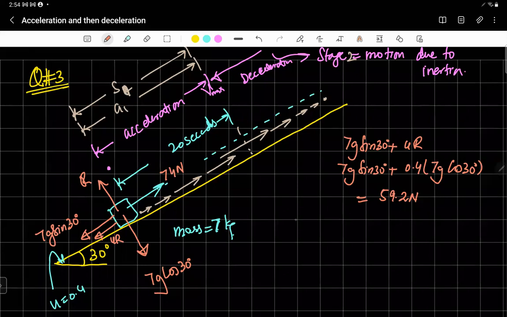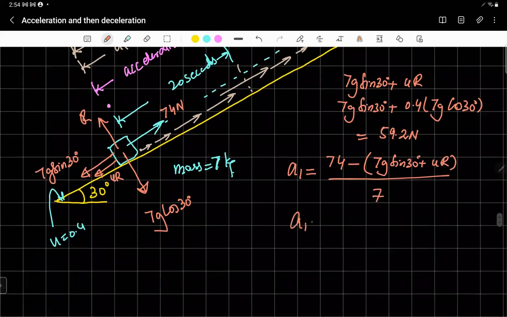So what is the acceleration of the first stage? A1 is equal to 74 minus (7g sine of 30 plus mu R) over 7 kg, so 74 minus 59.2 over 7.